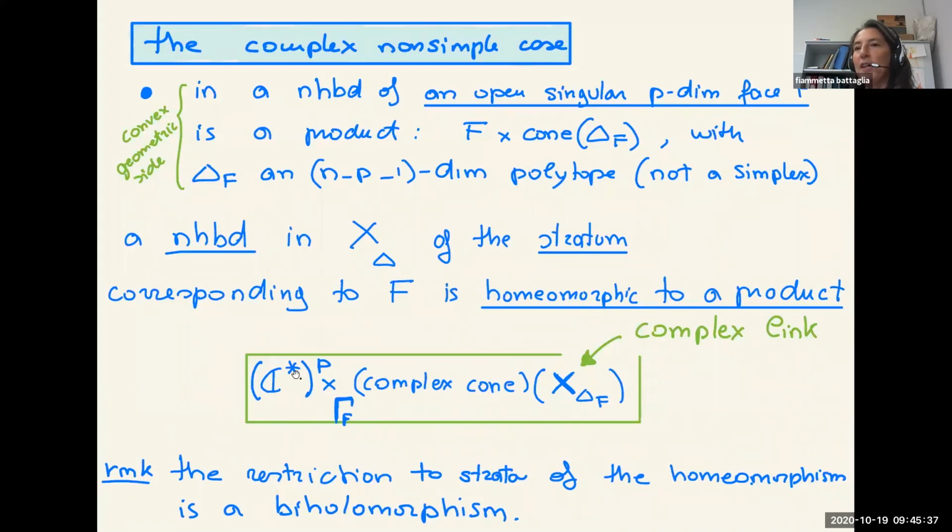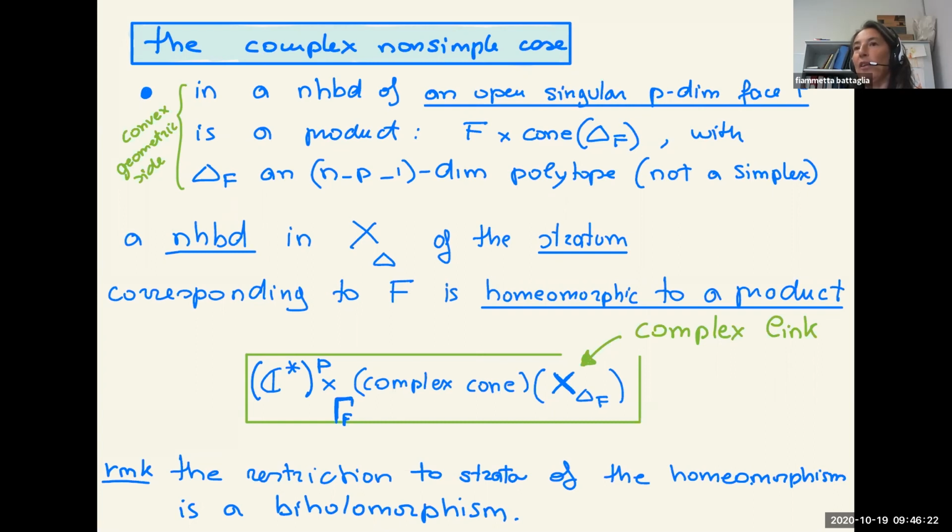So we have C star to the p, where p is the dimension of the face, cross a complex cone over a complex space, again stratified by quasifolds, and this X delta F corresponds to the link delta F. And I must stress that when we construct this delta F, we get not only a polytope, since we construct it by a process of projection, but also a set of normals and a quasi-lattice.